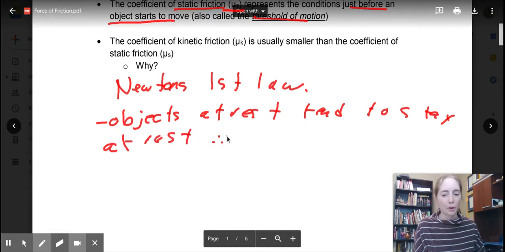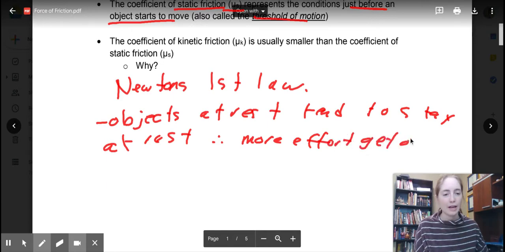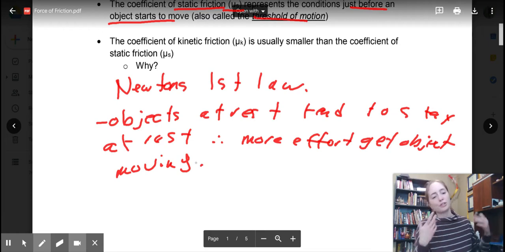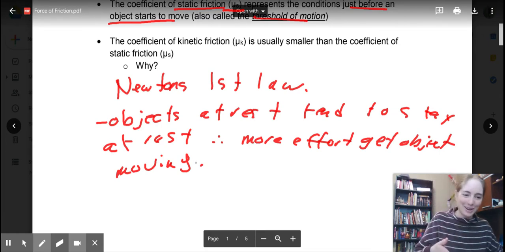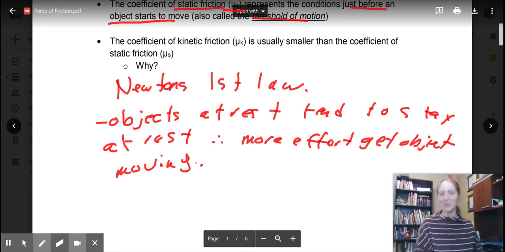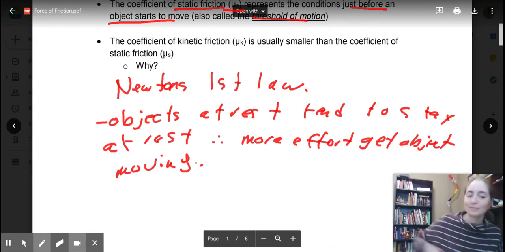So therefore, you're going to have more effort to get an object moving. Okay, so same with your object in motion. An object in motion is going to take more effort to get it to stop because it's going to want to continue moving because of Newton's first law. Cool, eh? I think it's pretty cool.